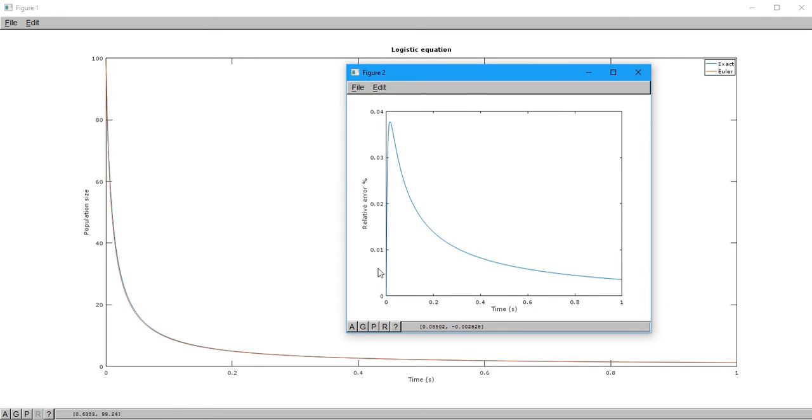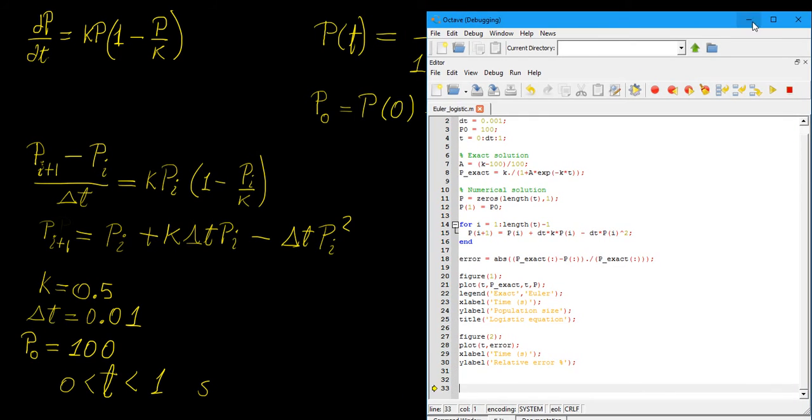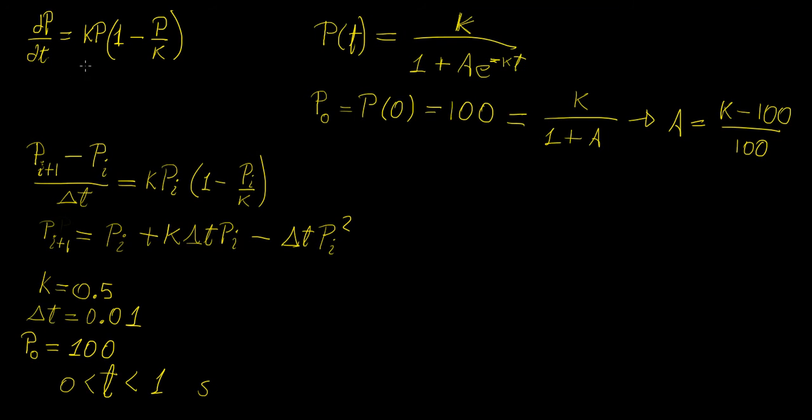So this is just to show you how you implement the Euler method for cases in which you might not have a linear equation. You can also apply it to nonlinear differential equations. All you need to do really is just solve for the first derivative, then change it by a finite difference equation, and then put the finite equation into a loop, and loop over a whole bunch of numbers and you get your numerical solution.